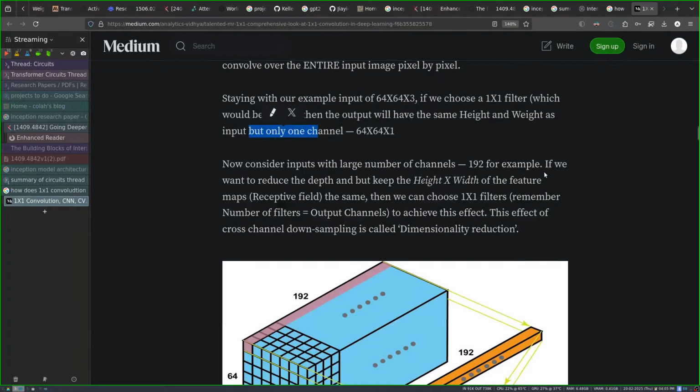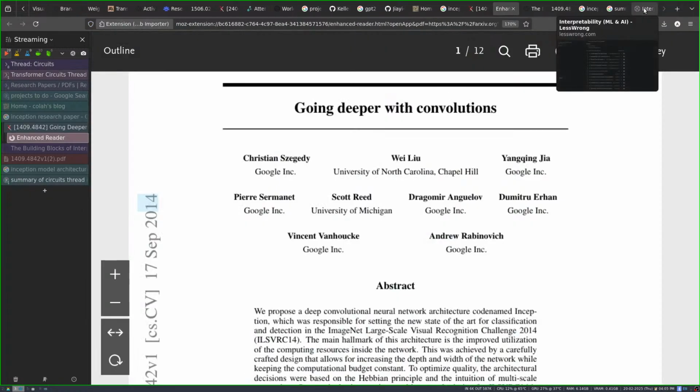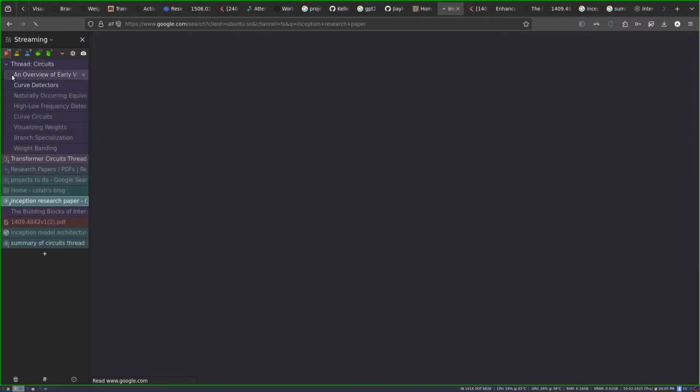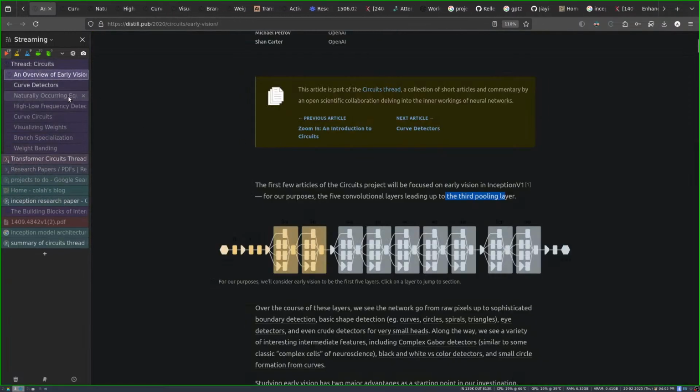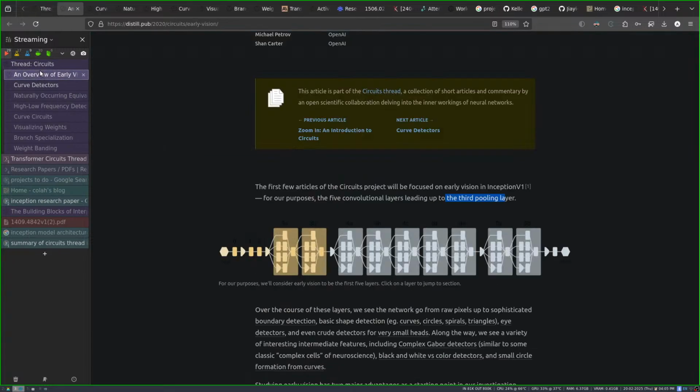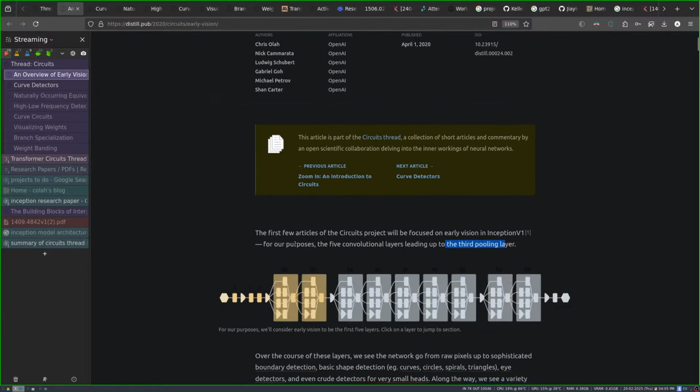Now that we have all that, I want to go here. The first two articles of Circuits will focus on early vision in Inception V1, for the purpose of the five convolutional layers leading up to the third pooling layer.